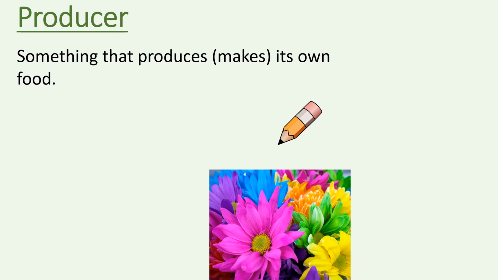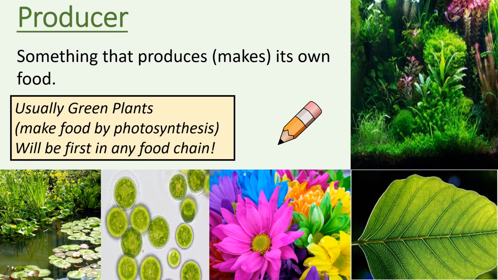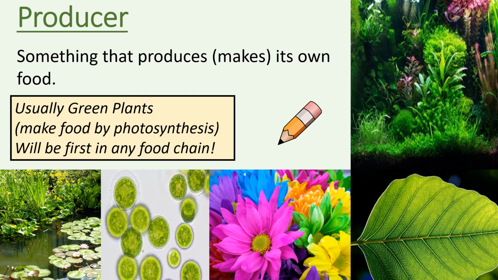A clue is that we talked about it in the last lesson. So well done if you said photosynthesis. So usually producers are green plants and they make their food from photosynthesis, and producers will always be the first thing in a food chain. So producers usually get their energy from the sun.